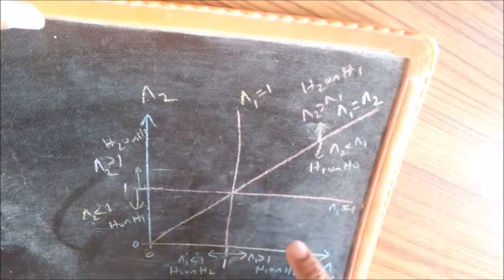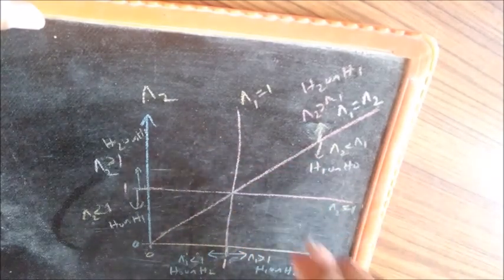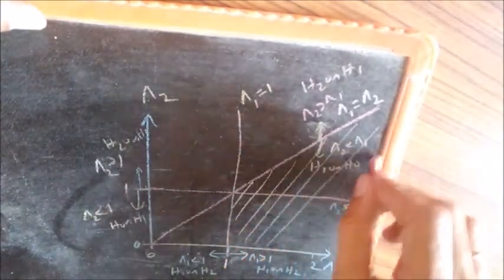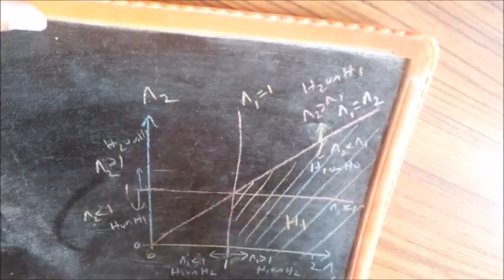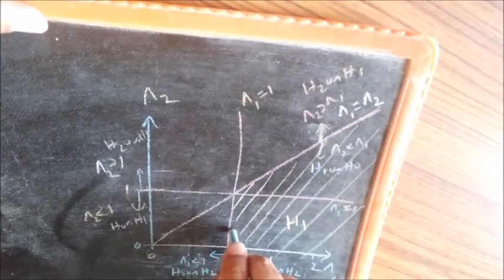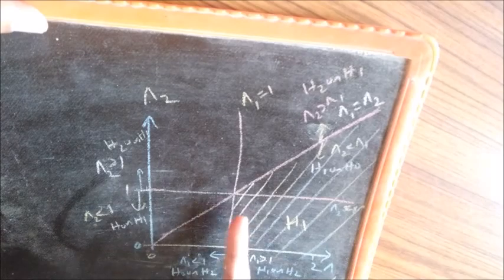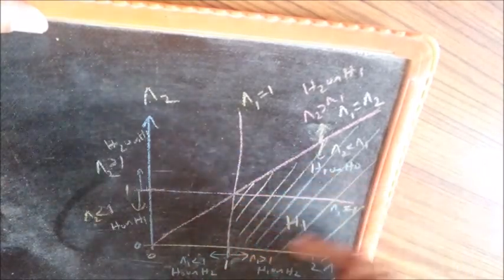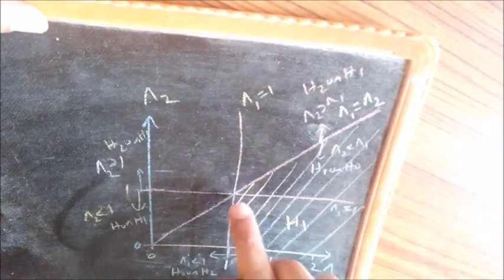and this says it is H0 or H1. So if you combine these three, you see that this region belongs to H1, because of the boundaries as described by these lines.